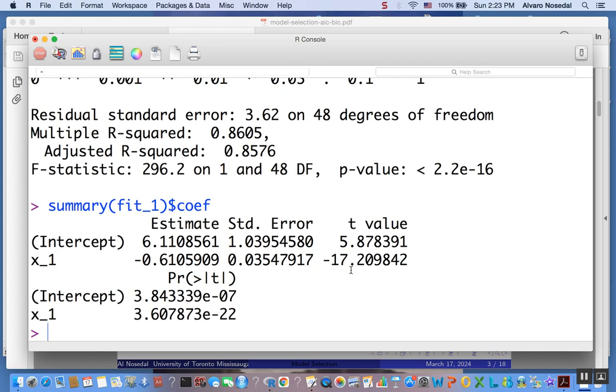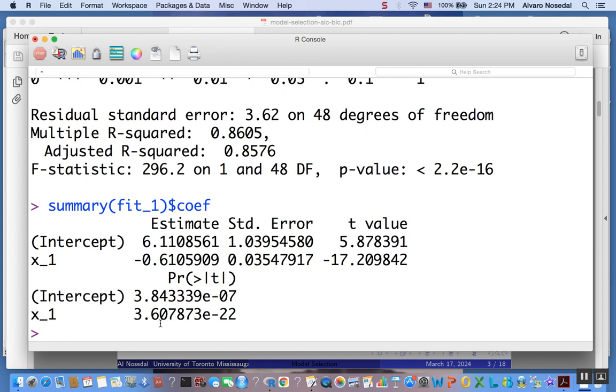We can see that this value is really big, in absolute value. And since we have 50 observations, the degrees of freedom for that t-distribution we know will be 48, n minus 2. And we know that as the degrees of freedom increase, a t-distribution looks more and more like a standard normal, which means that the probability of seeing something like this for a t-distribution with 48 degrees of freedom is nearly 0.